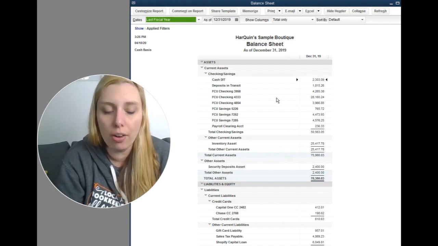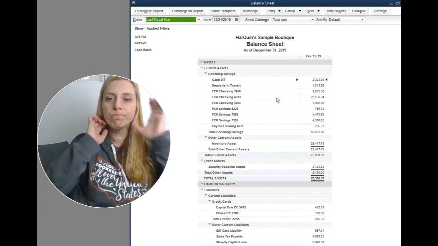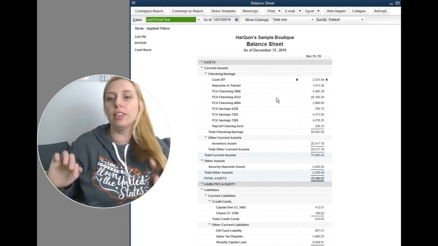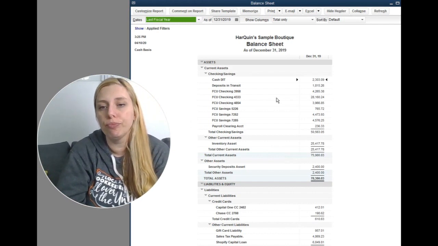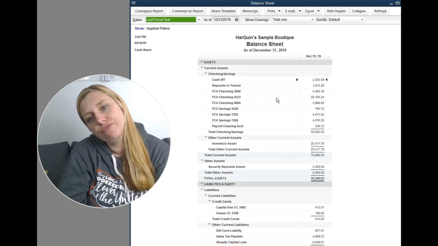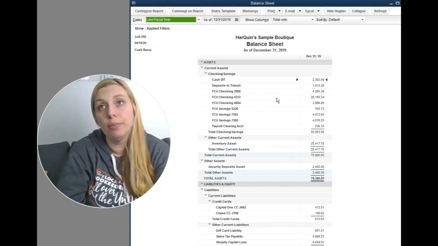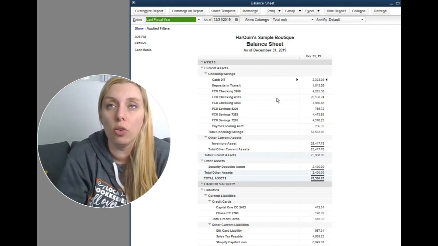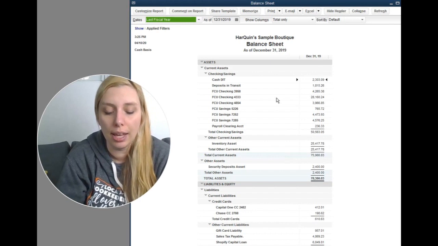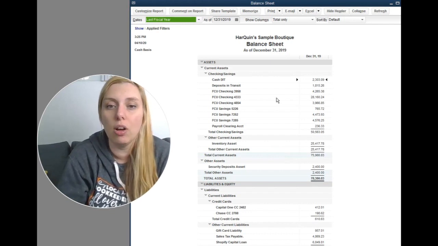And then the payroll clearing account is more of an accounting thing. It's a way to record payroll after the fact. So you might have a payroll company that you enter the entries for, but you don't have time to break them down into salaries and wages, employer payroll tax expense, all that.